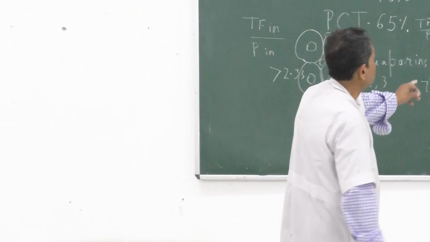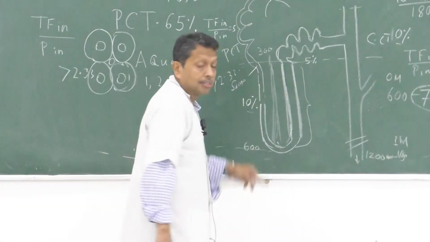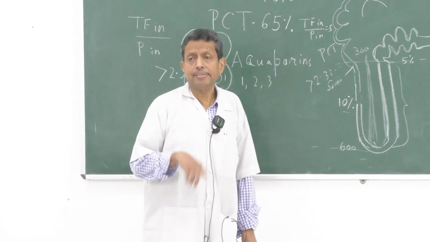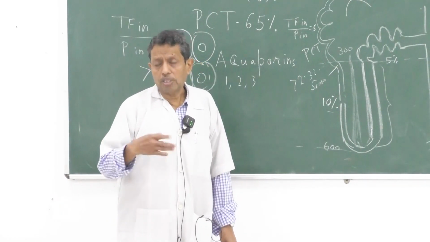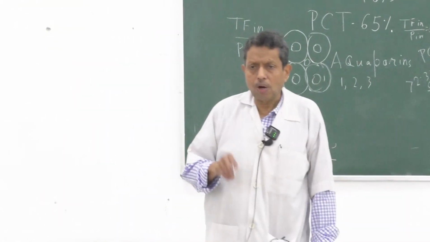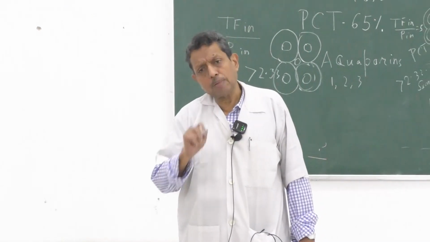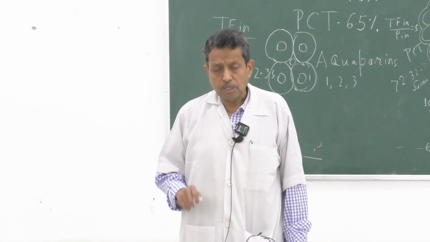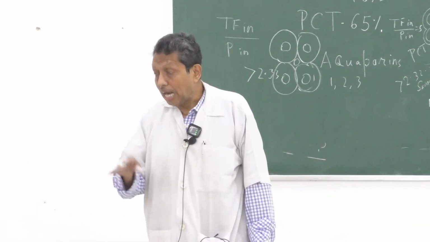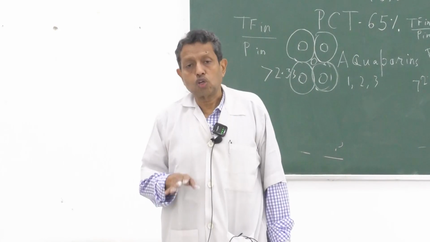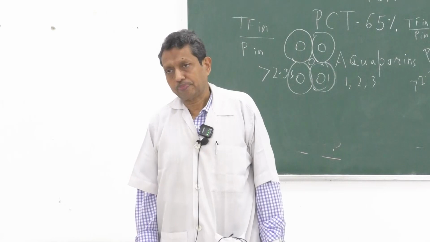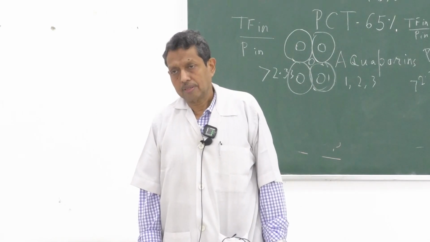And this water that is reabsorbed in the proximal tubule, 65%, is obligatory. Whether you take in less water or more water, this part of the filtrate is reabsorbed, because the electrolytes, sodium chloride, are reabsorbed, and they are followed by a corresponding amount of water to maintain isotonicity.